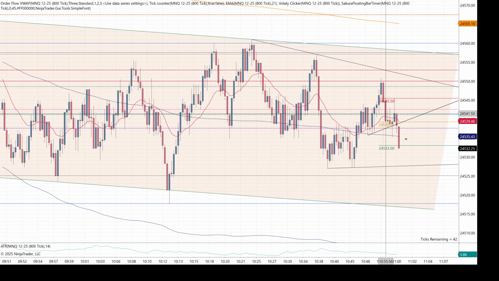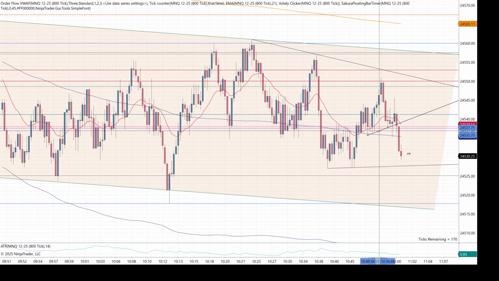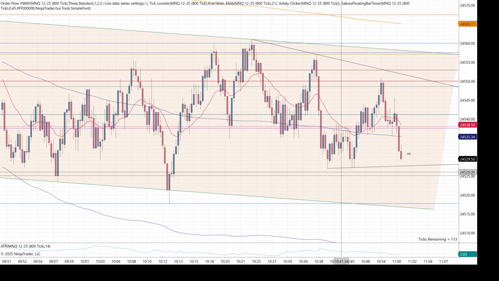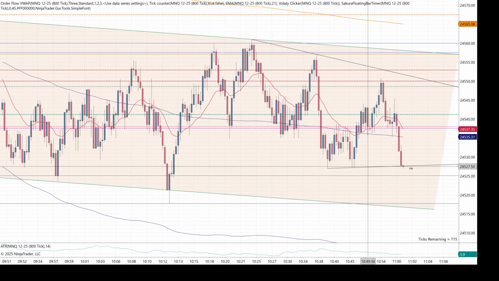so the bearish move worked off this trigger here, but we'll keep track of it with the runner. Be really interested to see how price behaves around this trend line here.